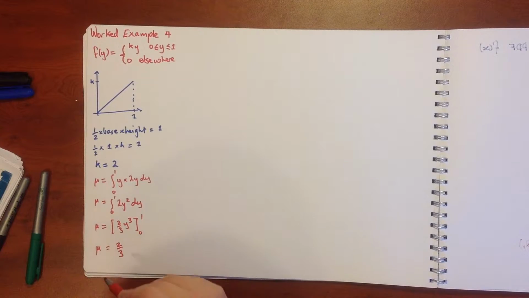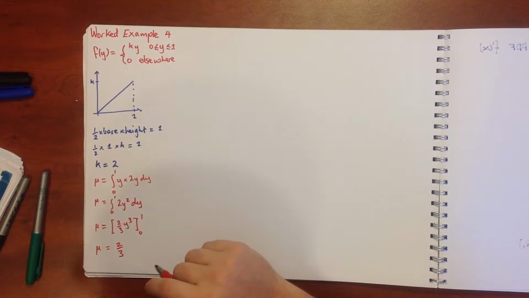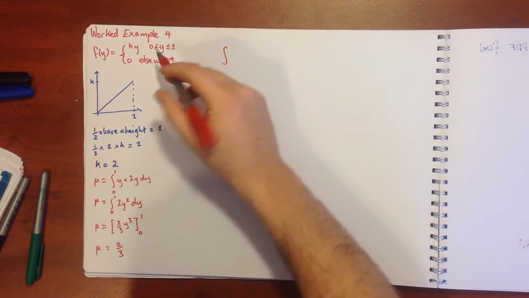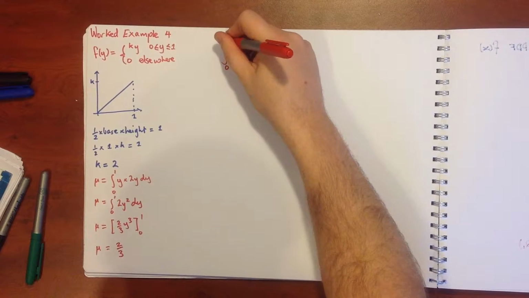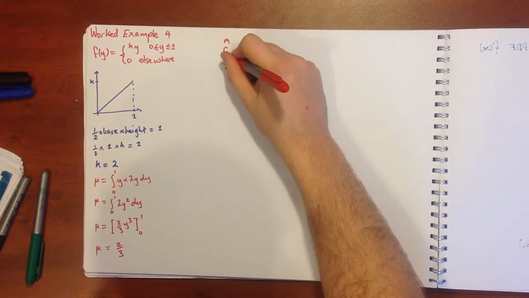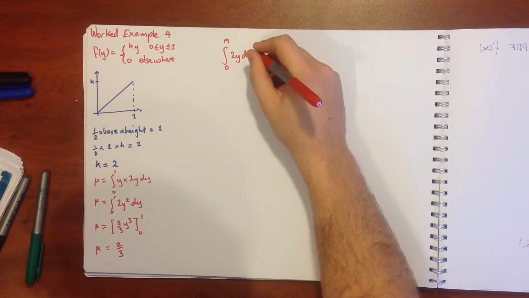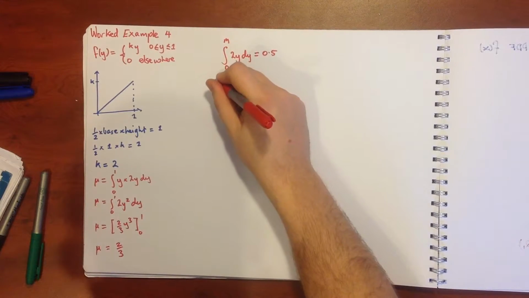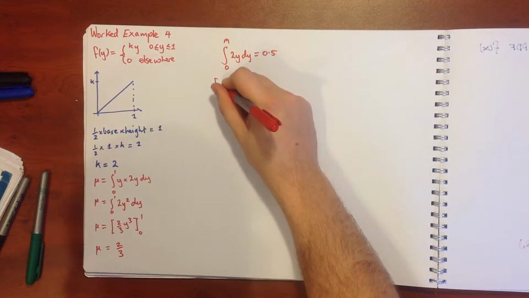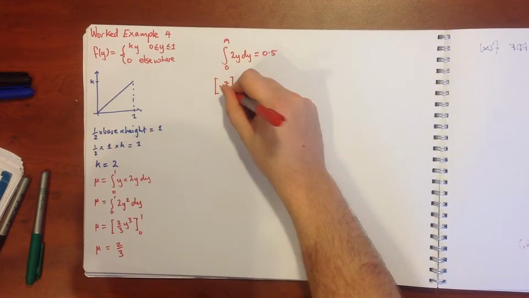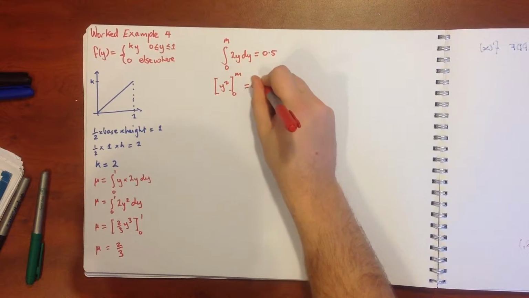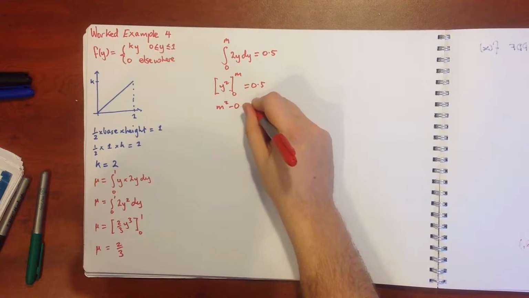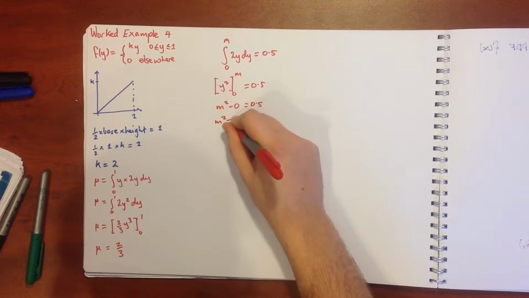And that's CI. CII is to find the median. For our median, as we spoke about earlier, we've got to go from our lower limit, which is 0, up to some point m, of 2y dy, equal to 0.5. So when we integrate, we get y squared from 0 to m equals 0.5, which means we get m squared, take away nothing, equals 0.5.